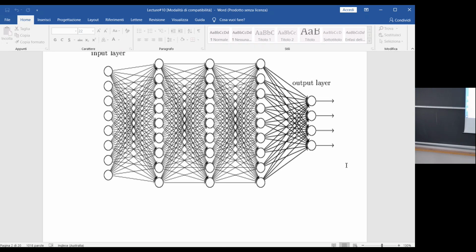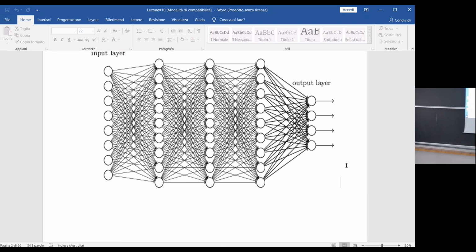We have some sequence of data, for example automatic translation by Google. We have some words, for example in Chinese, and then we should translate them into Italian.